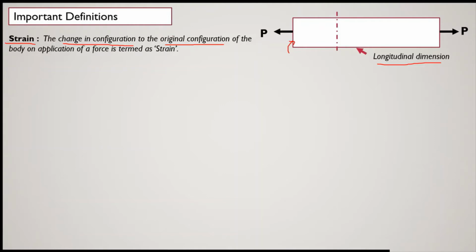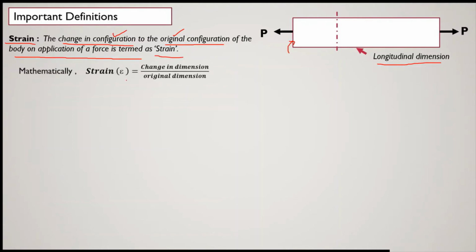That means the original configuration has been changed. So that change in configuration relative to the original configuration of a body, of a material, when some force is applied, that ratio is known as strain.